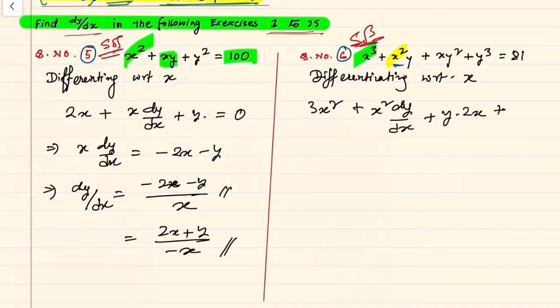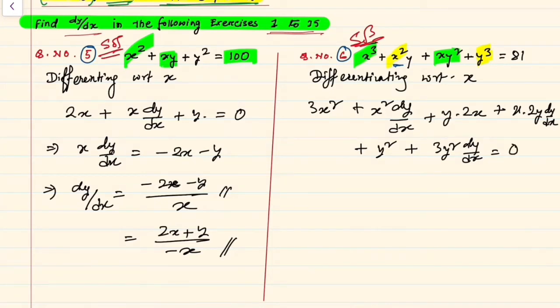Then again here you need to apply the product rule. If you apply that, it's going to be x, the derivative of y square will be twice y, then again dy by dx, then plus y square, the derivative of x is 1, so 1 into y square. Then the derivative of y cube is going to be thrice y square times dy by dx, is equal to 0.